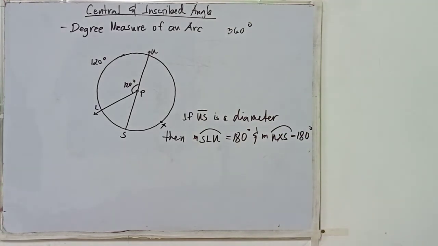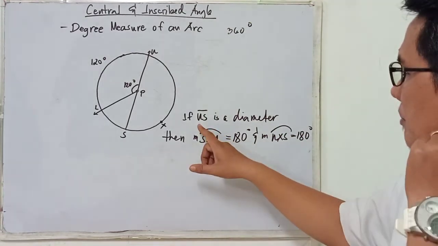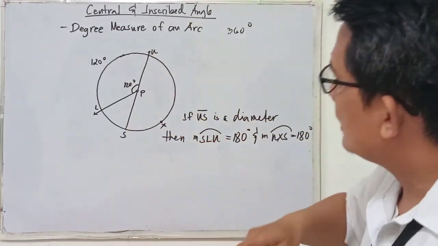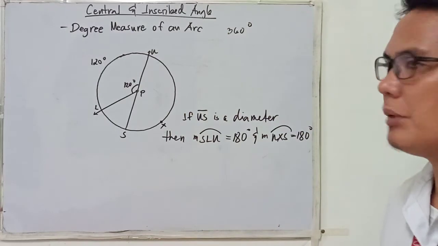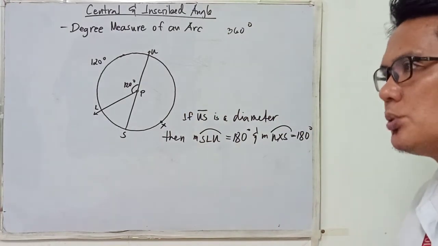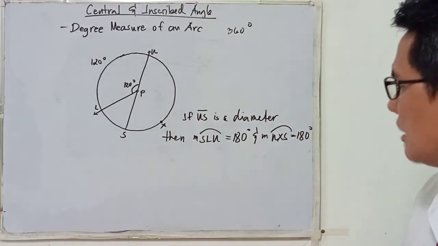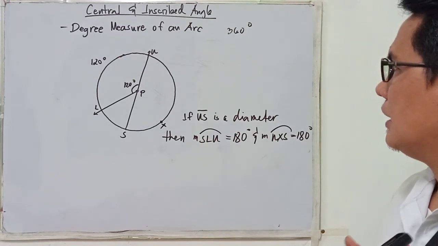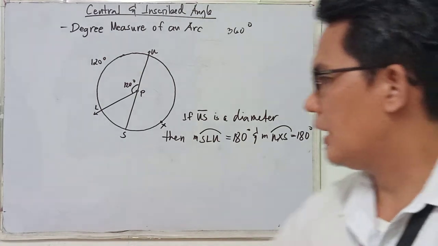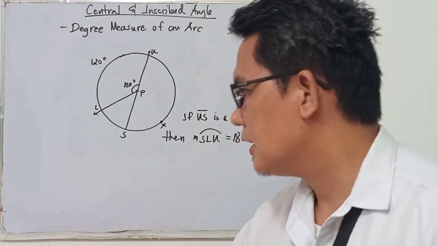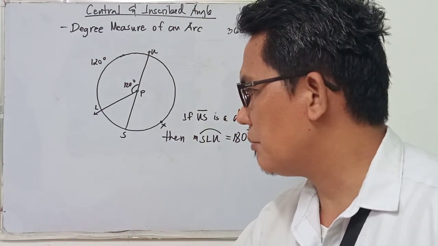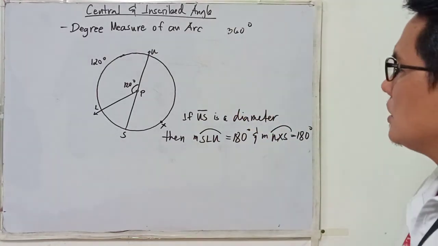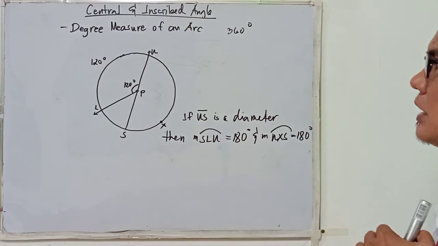Again, diameter divides the circle into two equal parts, and that is a semicircle. So what is the measurement of a semicircle?